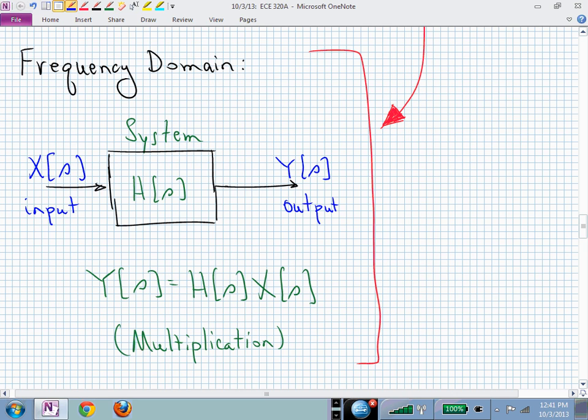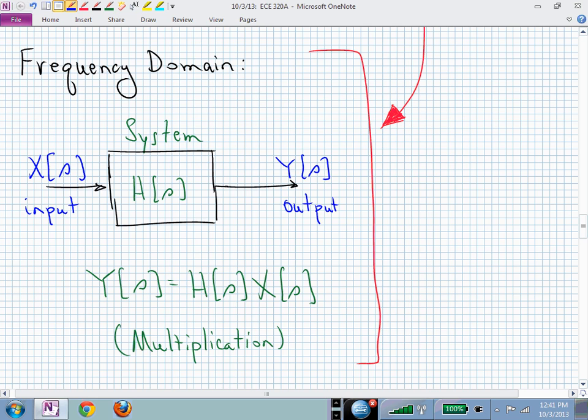Maybe you have a differential equation. You convert that into a transfer function in the frequency domain. Now you have a capital H of s that models your system. Now to generate the Laplace transform of the output, you simply have to multiply these two ratios of polynomials together to generate another transform expression.